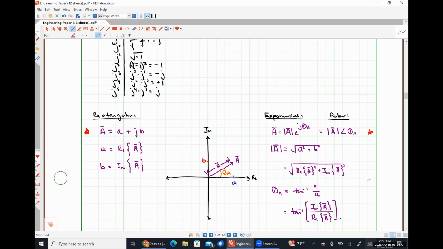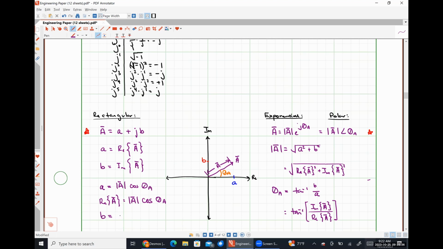What if we wanted to go the other way around? Well, lowercase a is simply the magnitude of A times the cosine of theta A. Or more formally, the real part of A is the magnitude times the cosine of the angle.